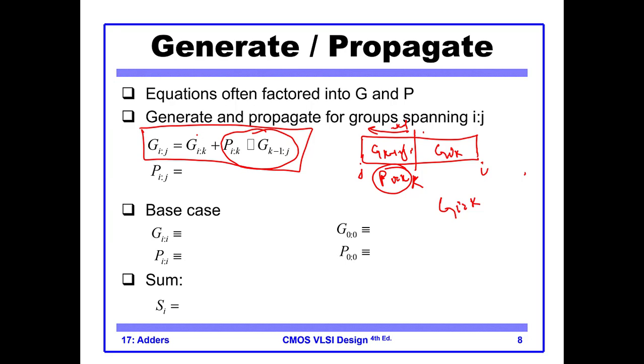So there are two ways in which G can be 1. Either the G from lower bits multiplied by the propagate, or the G from the upper bits.